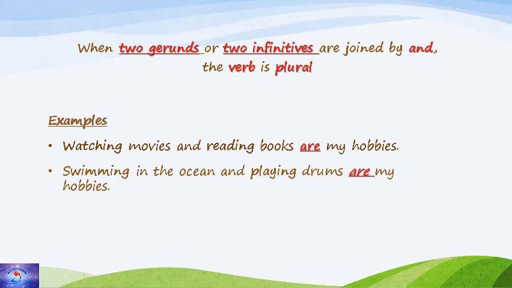You have two gerunds here, watching and reading, so we have used the plural verb form. The second sentence, swimming in the ocean and playing drums are my hobbies. So here, swimming and playing, two gerunds, are joined by the conjunction and, so the verb is in plural form.